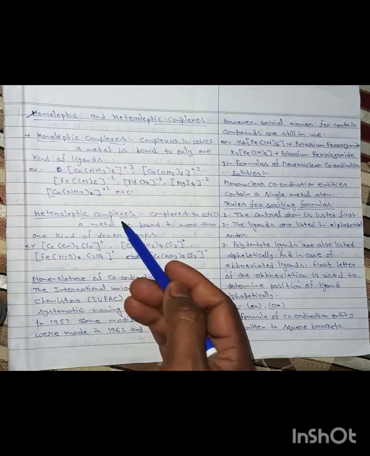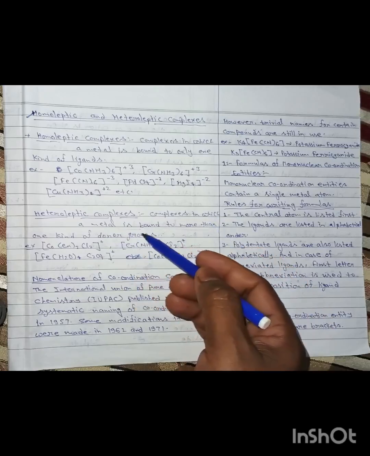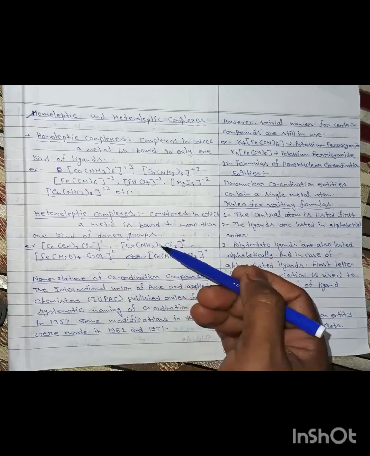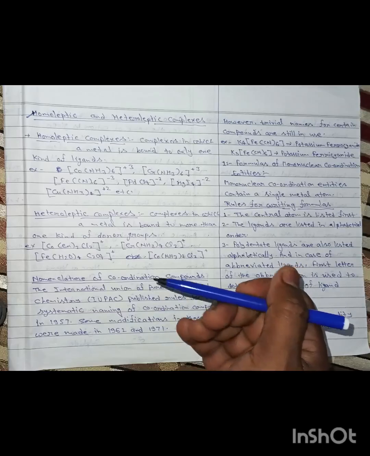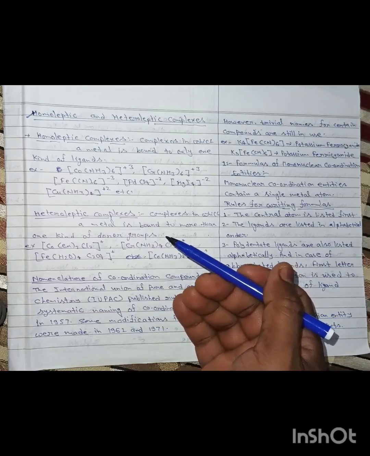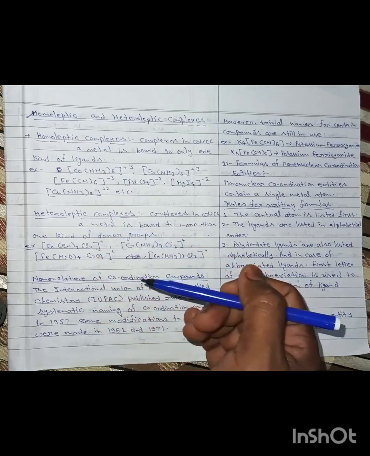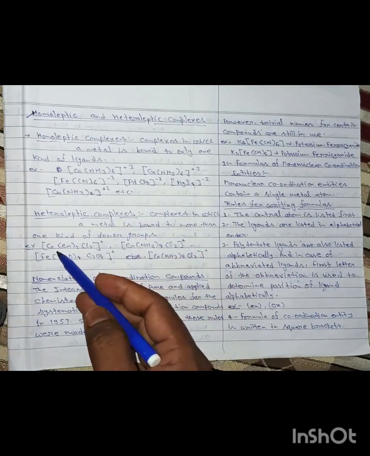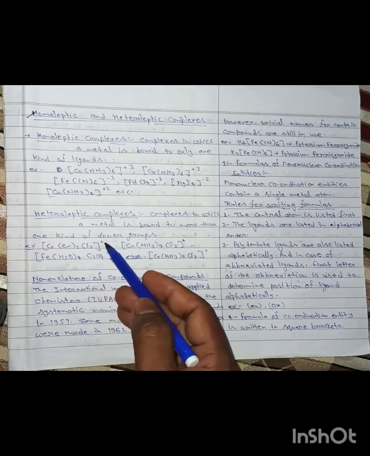Now the heteroleptic complexes, those complexes in which a metal is bound to more than one kind of donor group. It means when different types of ligands are attached to the central atom in a coordination compound, that is known as heteroleptic complexes. Here is the example [Co(en)2Cl2]+.